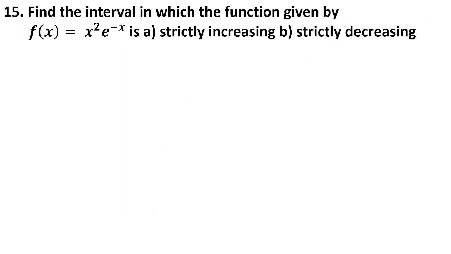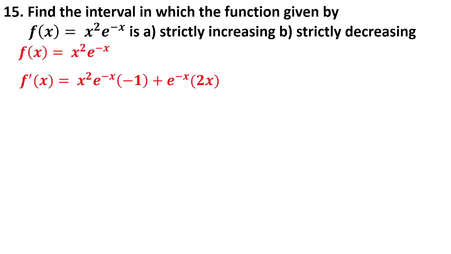Go to question number 15. We have to find the interval in which the given function is increasing and decreasing, and we have to make use of the derivative test. Take f of x, differentiate it. Product of two functions: keep x square, differentiate e power minus x, plus keep e power minus x and differentiate x square. Be careful, the UV formula you have to apply. When I do it, it is minus x square e power minus x plus 2x into e power minus x.